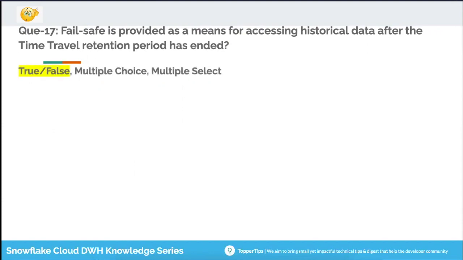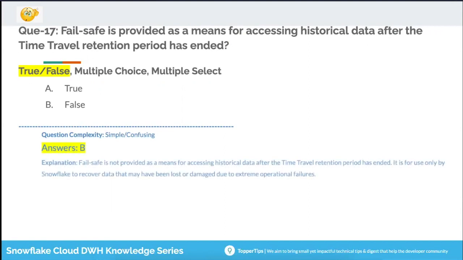It's a true and false question, and make sure you try to understand the statement here. The answer is false. The fail-safe should not be treated as the retention period, and whatever retention or backup you want to avail, make sure that it is availed through time travel, and fail-safe should not be considered.